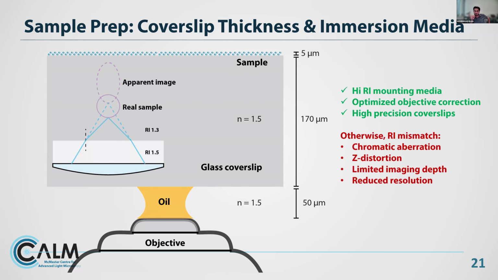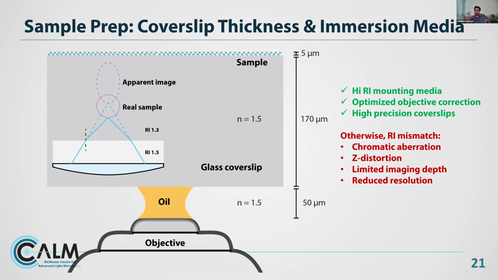And one of the important things is actually choosing the right objective and the right substrate so that you have correction for the changes of index of refraction between the sample or even just the refraction happening from the cover slip. So typically, if you want to get high resolution images, you want to use a glass cover slip with a well-defined thickness that matches the correction of the objective.